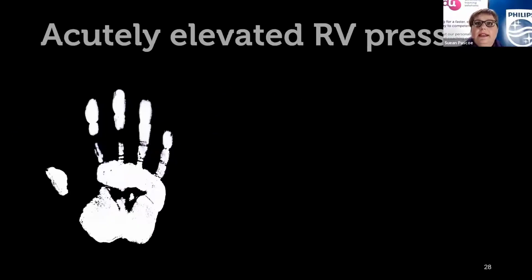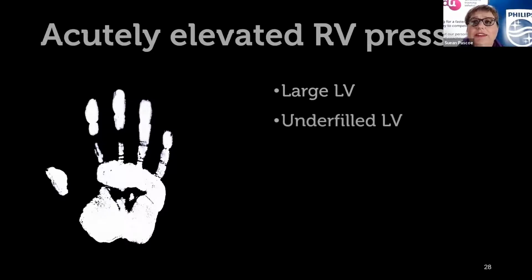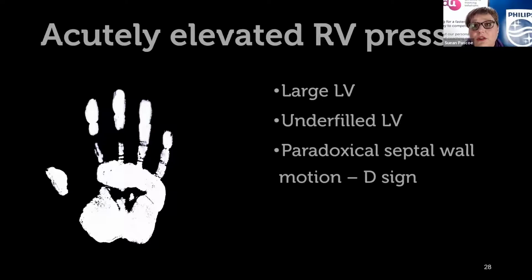So if we look at acutely elevated right ventricular pressures, there's 5 things for us to look at over those 3 views. The first thing we're looking at is a large RV, sorry about that. So a large RV, an underfilled left ventricle, looking for paradoxical septal wall motion, or the D sign.